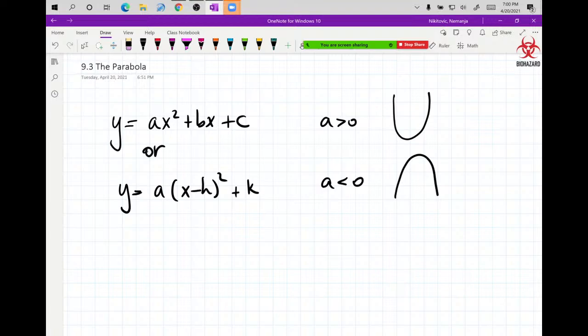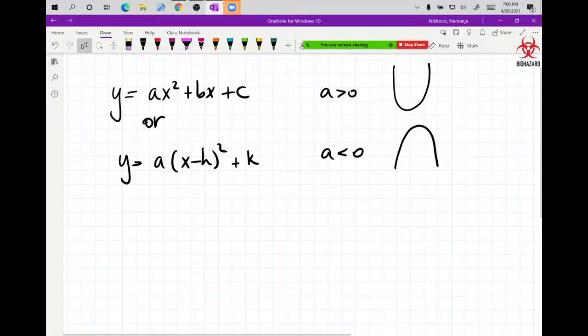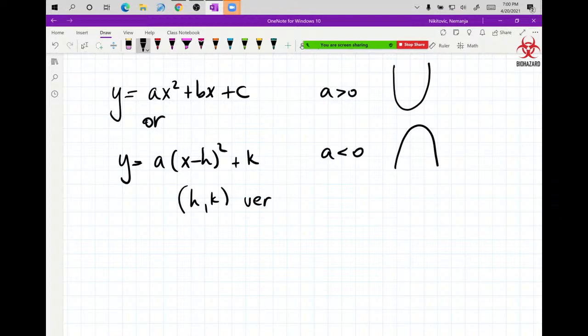And before we jump into this, I'm going to note one more time that this (h, k) is the vertex, and that you can use completing the square to move from one form into the other form.